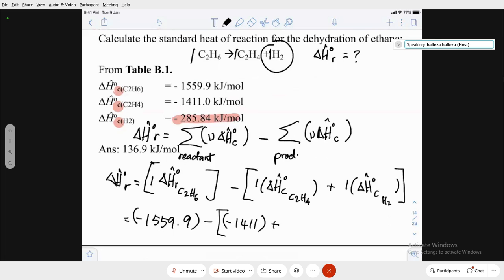Plus the value for hydrogen, the heat of combustion for hydrogen is minus 285.84. Close your bracket. So what is the final answer? The solution in the textbook gives a value of 136.9. The unit is kilojoules per mole. See whether you can come up with the same value, 136.9.